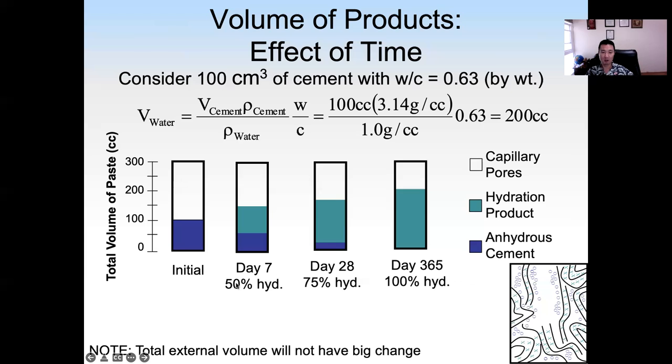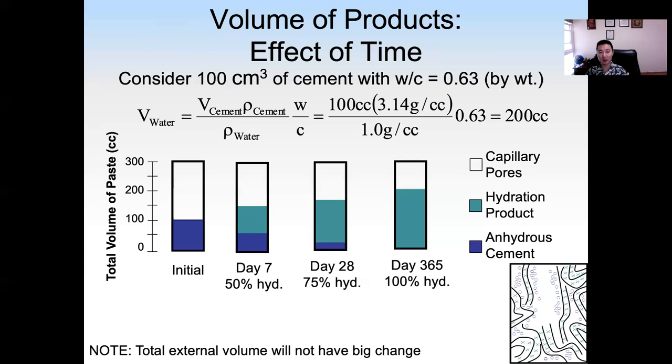Let's see, at day 7 we have 50% of hydration, which means 50% of cement is consumed, hydrated. So we have less cement, we have more green. The green is hydration product, and we have fewer pores. This volume is occupied by water.